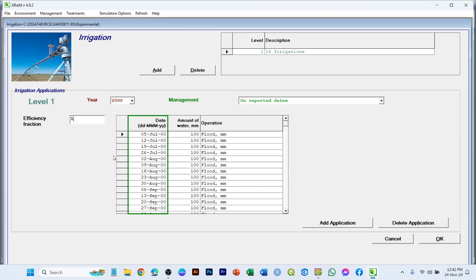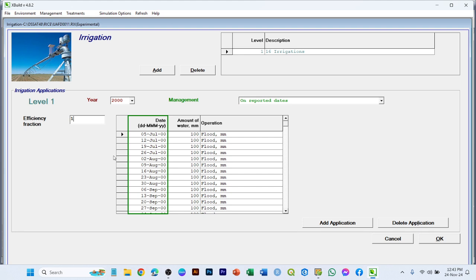Is it possible? Possible. When you are going to apply the calculated amount, then it might be. There are two options. If it is crop water efficiency, probably 100%, but if it is irrigation efficiency, it must be less.